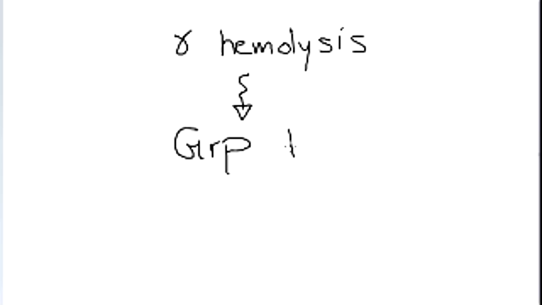Let's see if I got gamma hemolysis. These are the group D streptococci, which are either enterococci or non-enterococcus bacteria. How to differentiate between them? Actually, you should not.